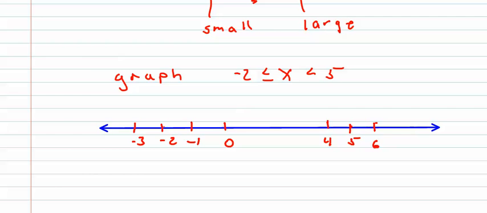And we're greater than or equal to -2, less than 5, and we look like that. Okay? So, that's the word "and."